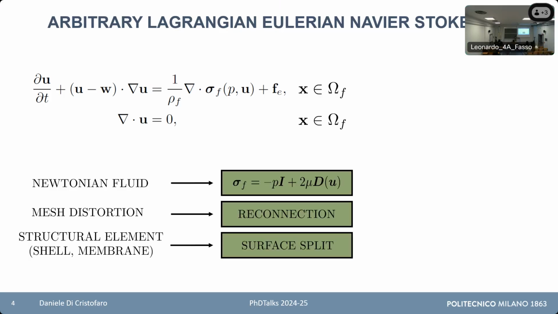And we need to take into account also some scenarios where the mesh will be poorly resolved around the object, so we need to speak about how to recreate the mesh when it is too distorted. At the same time, we need to account for this structural element immersed in the fluid. I don't want to stress a lot. I will tell you with an example how I deal with this.